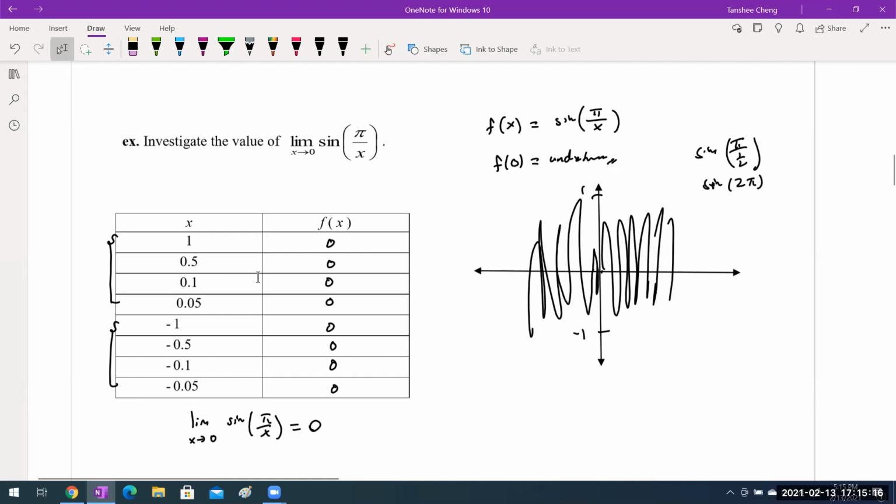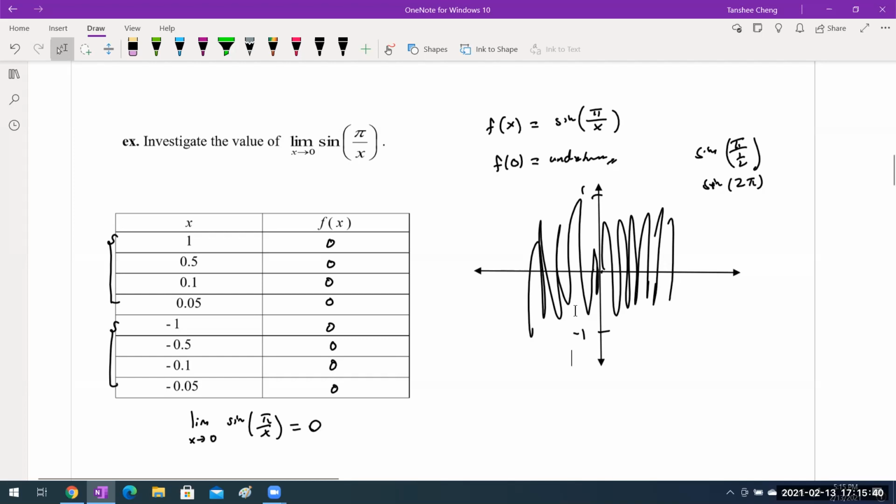In this case, these are getting 0 all the time when x is closer and closer to 0. However, the limit actually does not exist when we look at the graph. So that is a con of this numerical method.